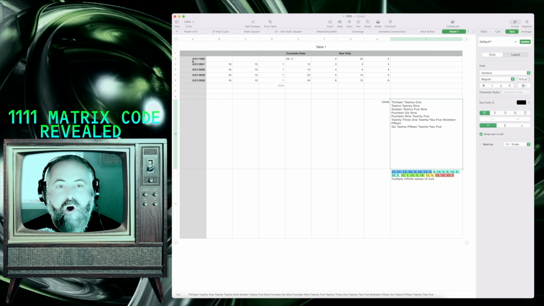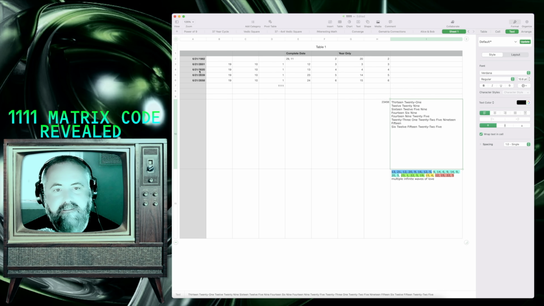When you take all of the numbers in the first date, 6/21/1982, and add them together, you get the number 29. 2 and 9 is 11, which becomes 2 because 1 plus 1 is 2. You're going to see a crazy sequence here, folks. Then the next date, 6/21/2001: add all those numbers together, you get 12, which becomes 3.